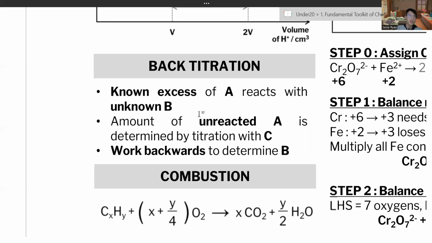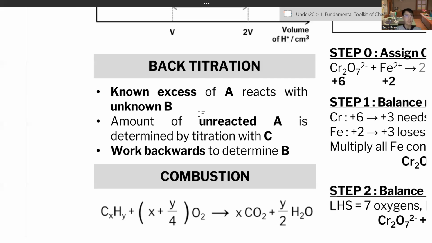So in this case, after you add the excess hydrochloric acid to the rock and dissolve and react all of the sodium carbonate or whatever carbonate is there, then you will take that final mixture, because that final mixture will contain all of the unreacted acid inside.